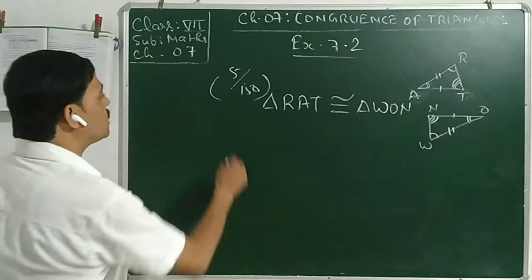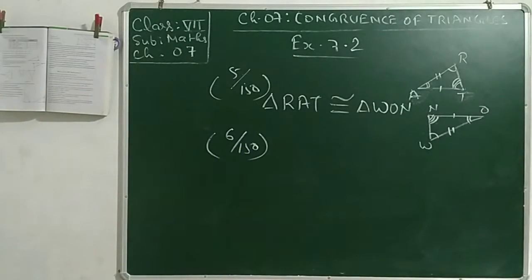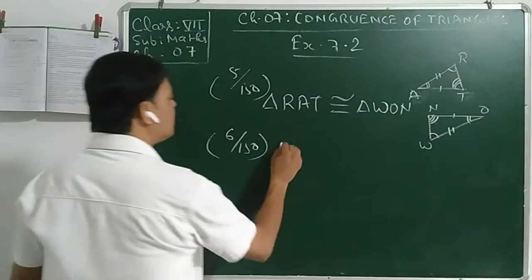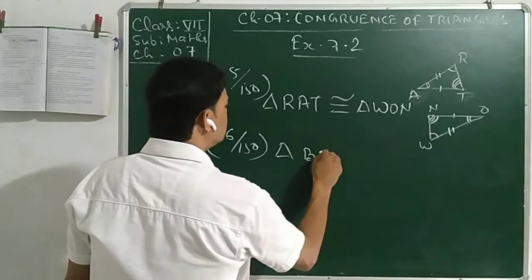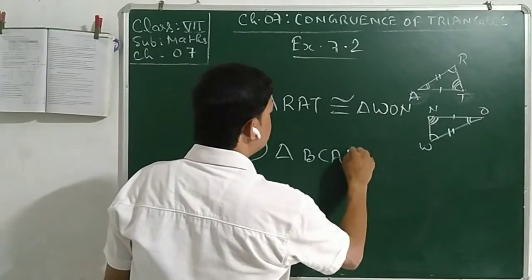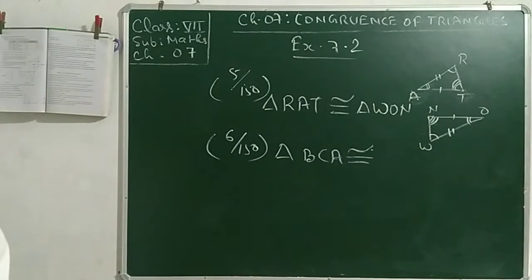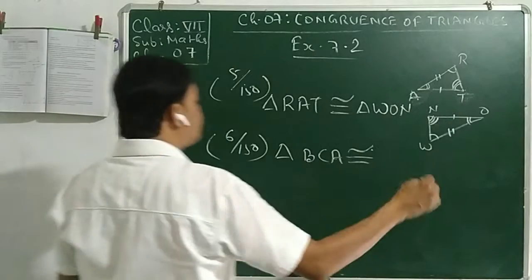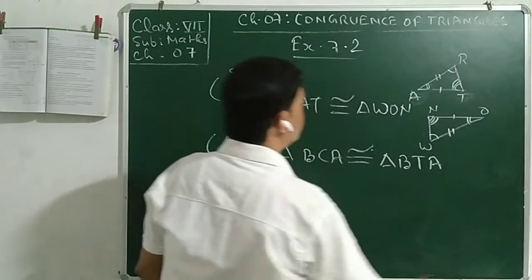Now similarly come to the 6th number sum. In the 6th number, complete the congruence criterion. Same thing is given there as I have explained here. If you follow these steps, you will get angle BCA is congruent to angle BTA. Triangle BTA.